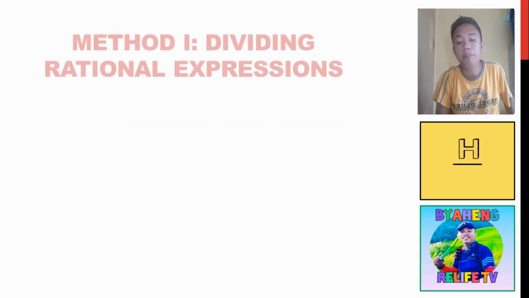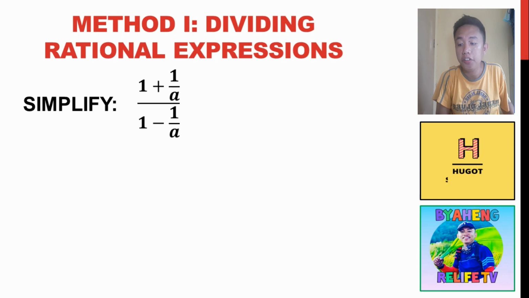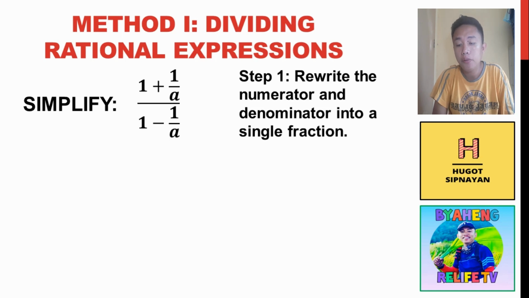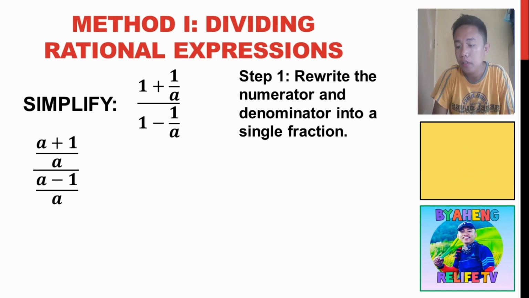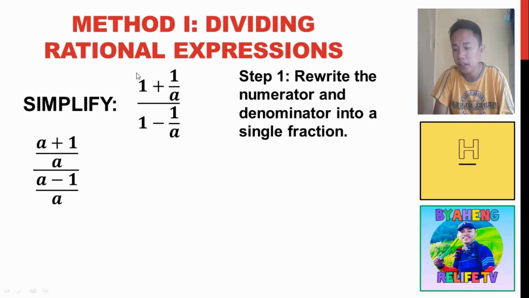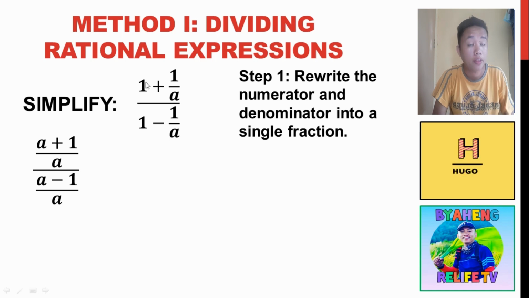For our next example, using the same method, we have 1 plus 1 over a, all over 1 minus 1 over a. We write them as single fractions for our first step. We get an LCD of a. Here, 1 is just 1 over 1.